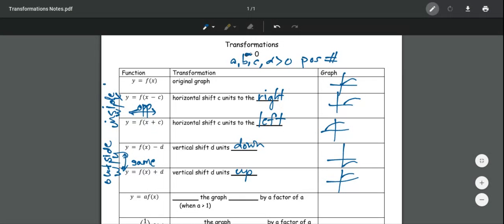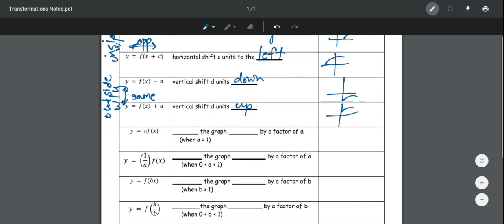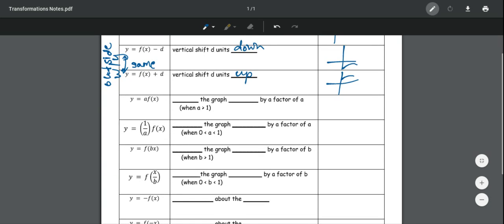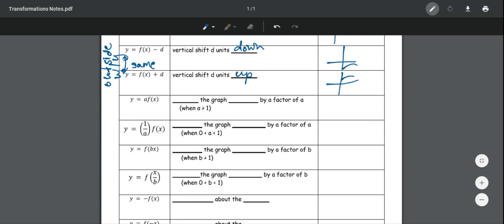Now these next couple are really weird. We won't do a whole lot with them, but there's just a few things that we want to talk about with them. I'm not going to be that concerned with these transformations, but just so you know, if you multiply a number outside the function, in front of the function, this is a vertical change, okay?